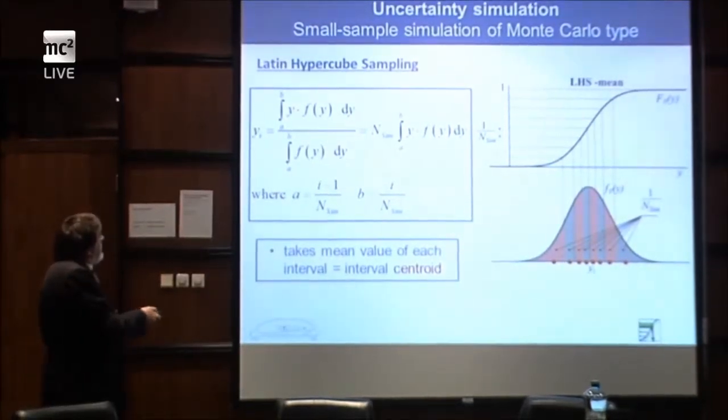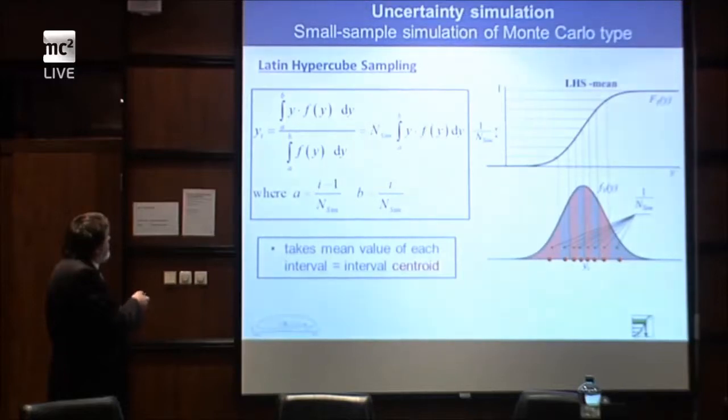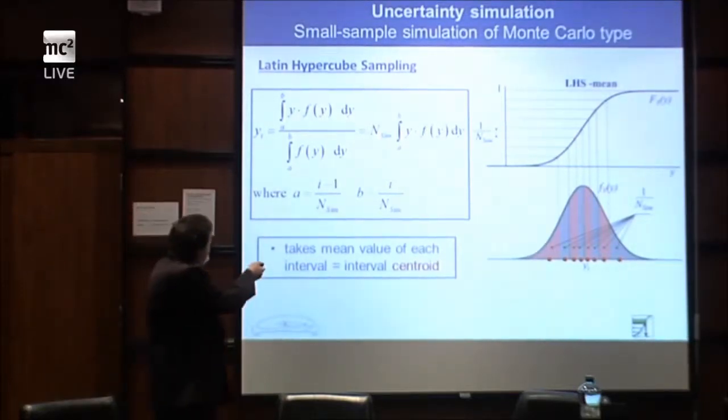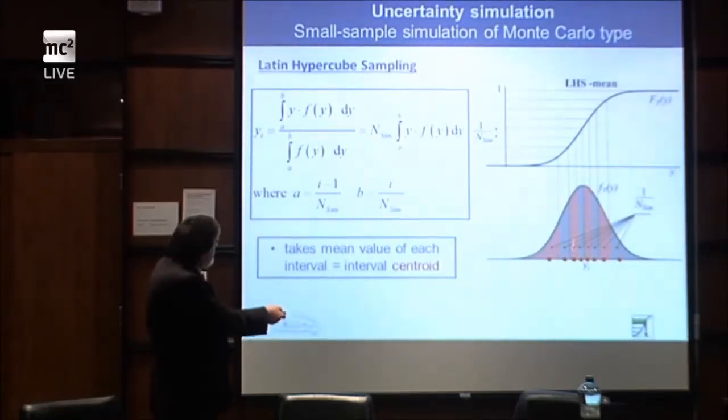This technique, where the mean value from each interval is selected, is based on this formula. It reminds you of the mean value from statistics, but this is over an interval A and B, some specific interval. If here is minus infinity, plus infinity, this is the definition of the mean value actually, right? But we sample from each interval, so this is the y related to each interval, where these are the boundaries of the interval.